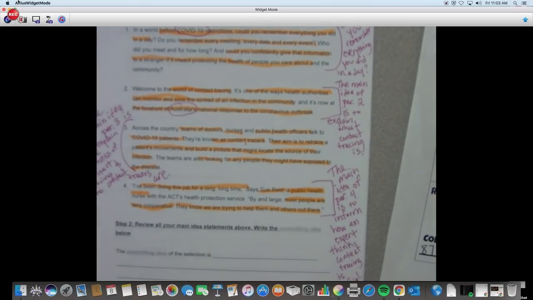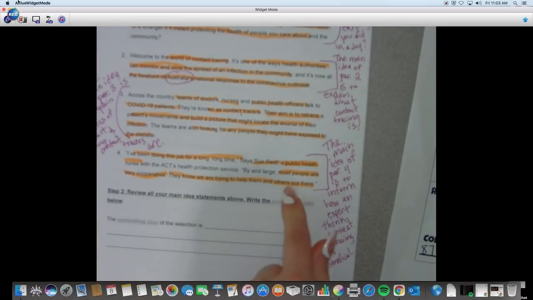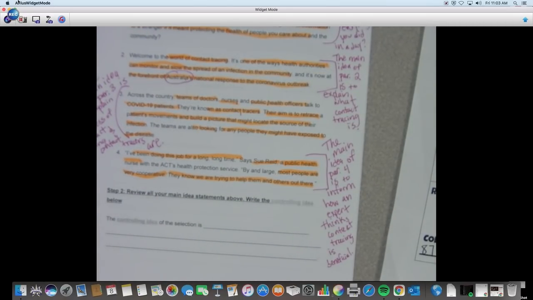So, Sue Reed says that she's been doing this for a really long time and that most people really do work well with the contact tracers, so it's been going well.